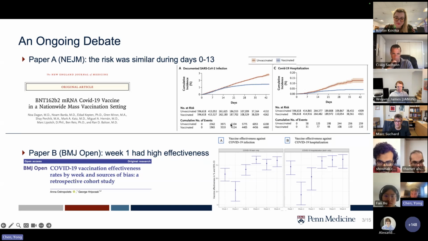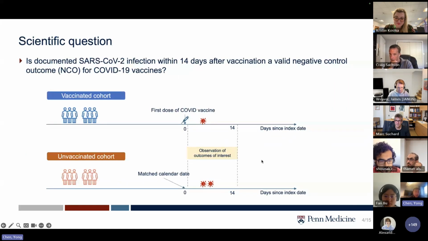So as you can see, the two results are in general not very consistent, right? So we used this pediatric EHR data cohort called PEDSnet. We conducted this sequential trial emulation to investigate this problem.